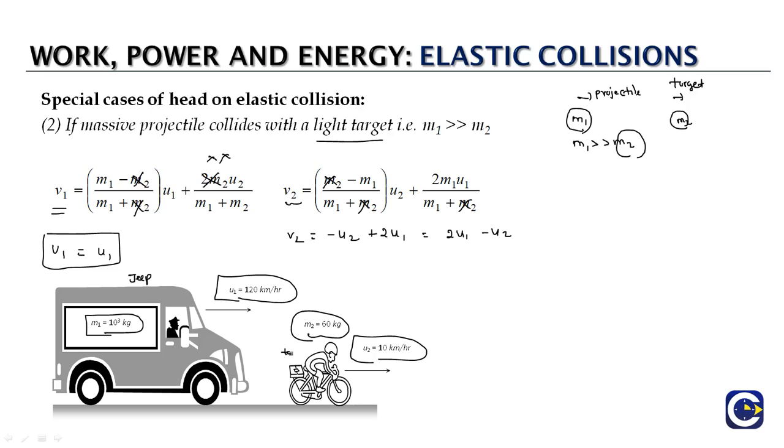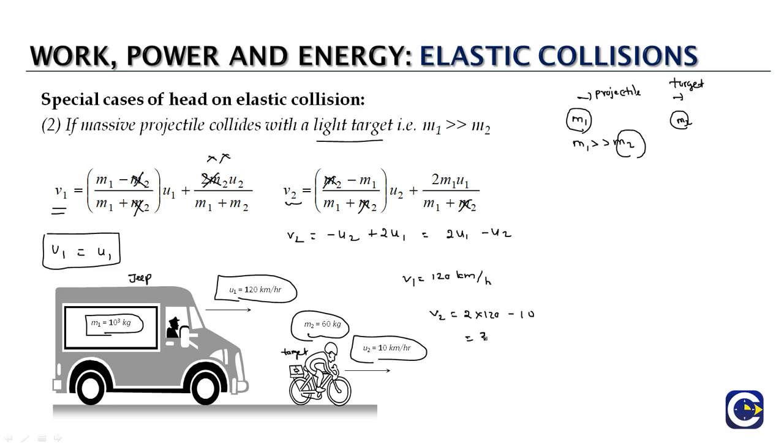So what we will be able to see after the collision, approximately, is that the jeep velocity, which is 120 kilometers per hour, will remain unchanged, which means the value of V1 will still be approximately 120 kilometers per hour, and the value of V2 will be equal to 2U1 minus U2, which means 2 into 120 minus 10.